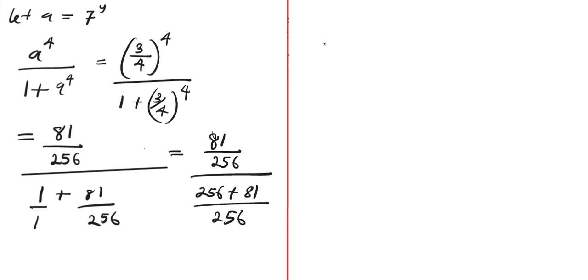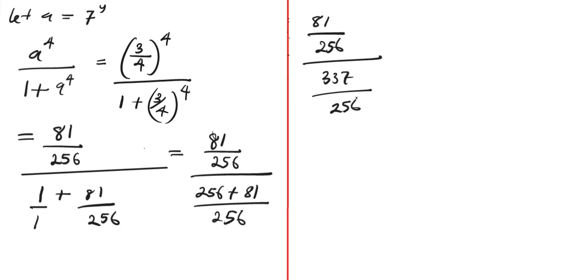Let's continue on this part of the board. Let me rewrite this. We have 81 over 256 divided by 256 plus 81, which equals 337, so 337 divided by 256.